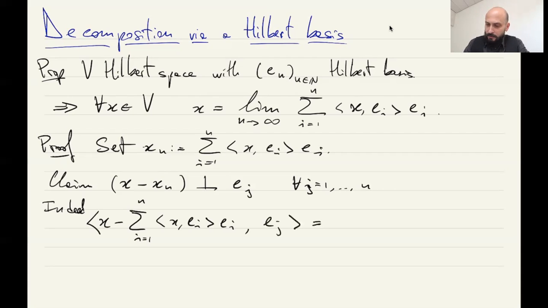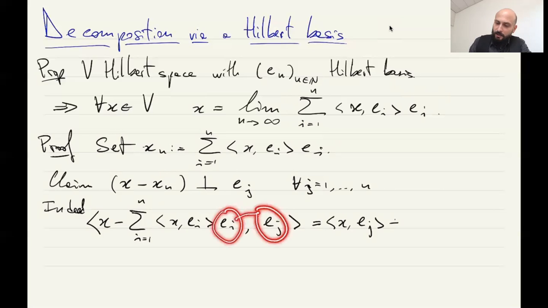Now, what is this? This is the scalar product of x with e_j, minus the scalar product of e_i with e_j. Now, if i is different from j, then this scalar product is 0.